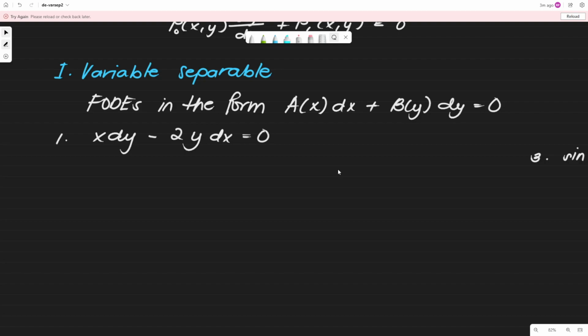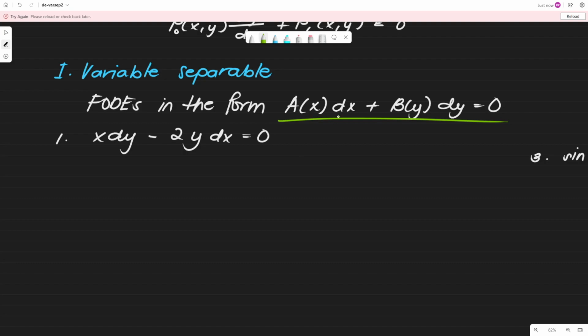So we have x dy minus 2y dx is equal to 0. So hindi lahat ng given natin is already in this form. Katulad ng problem na to, magkabaliktad si y at saka si x. And that is not a problem. Bakit? We can still rearrange the equation algebraically.